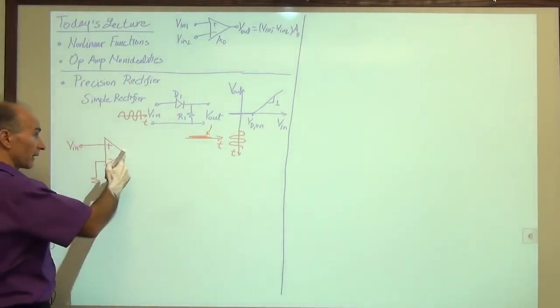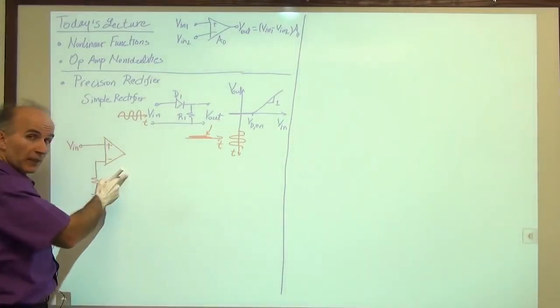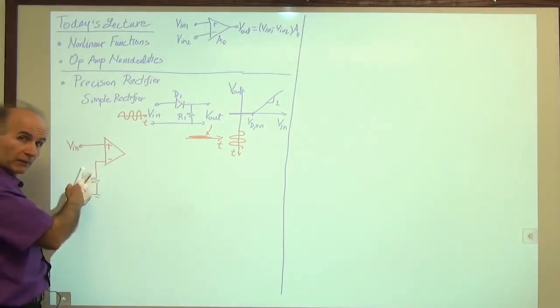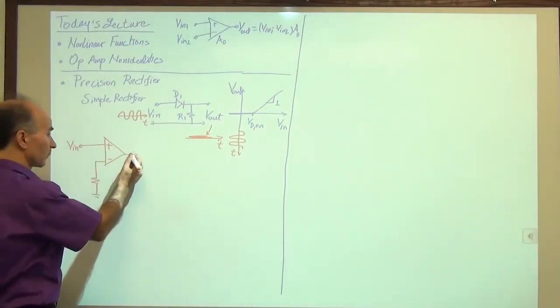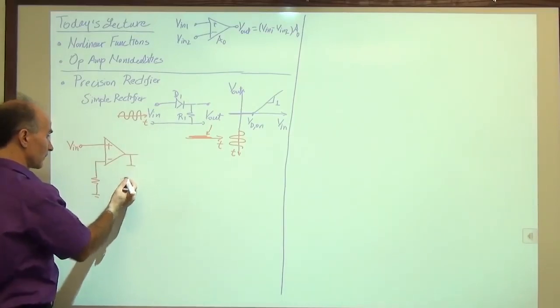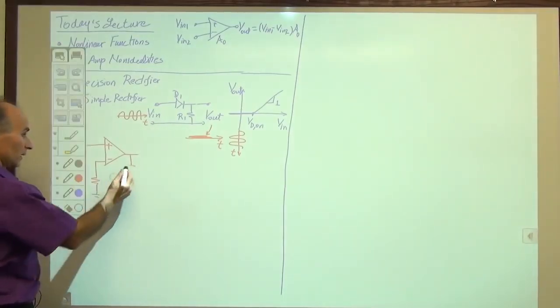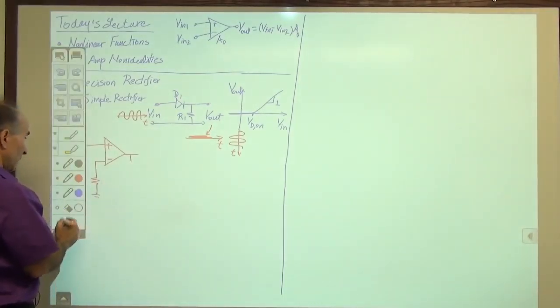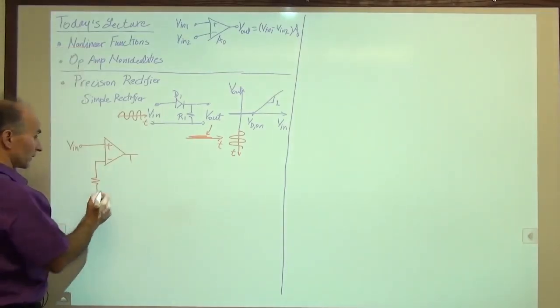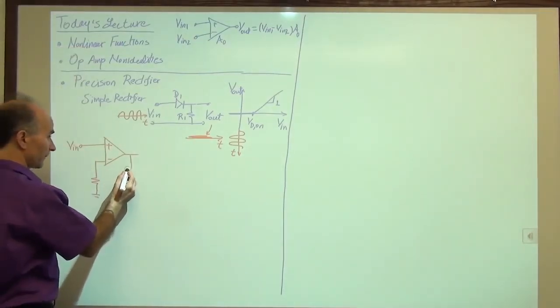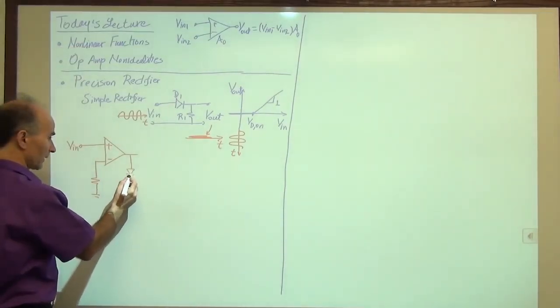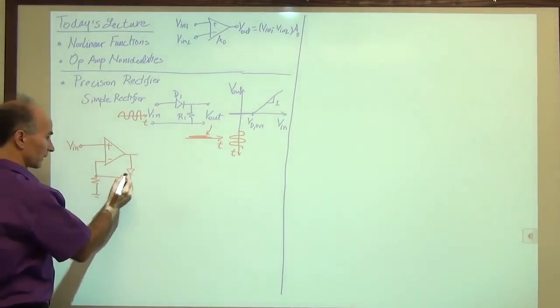But instead of a resistor connected between the input and the output, remember we had a resistive divider, I replaced that with a diode. So let me draw the diode like this. It might be easier to see it that way. Maybe I'll do it like this. We connect the diode like this.